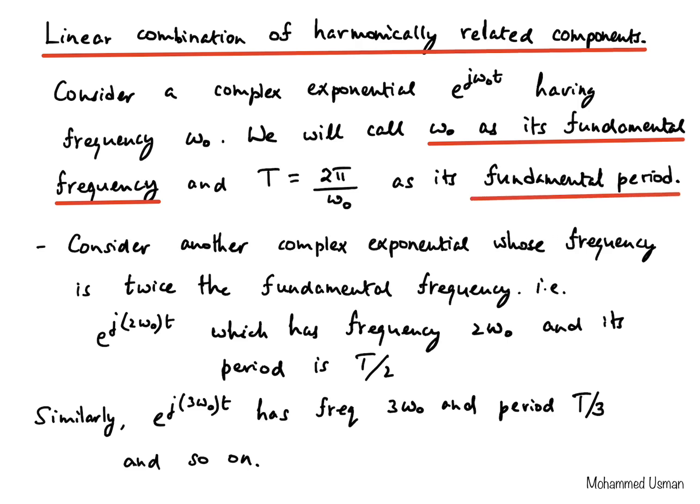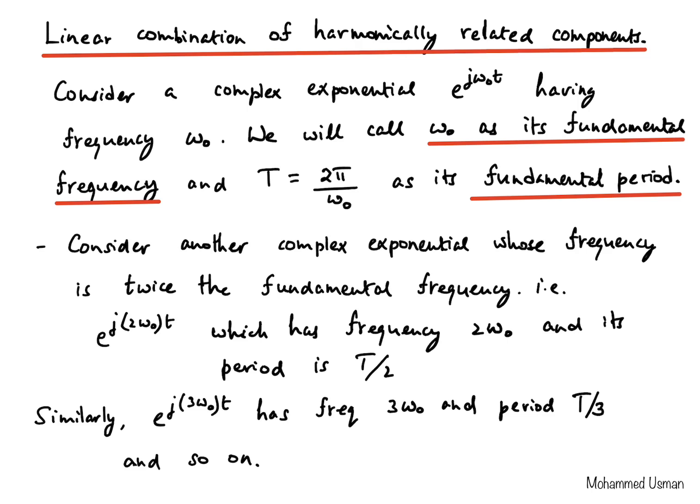Now, why do we call it the fundamental period and fundamental frequency? Because we are going to add more terms. We are going to take other complex exponential signals whose frequencies, which we call omega 1 and omega 2 and omega 3 and so on, will be integer multiples of omega naught.